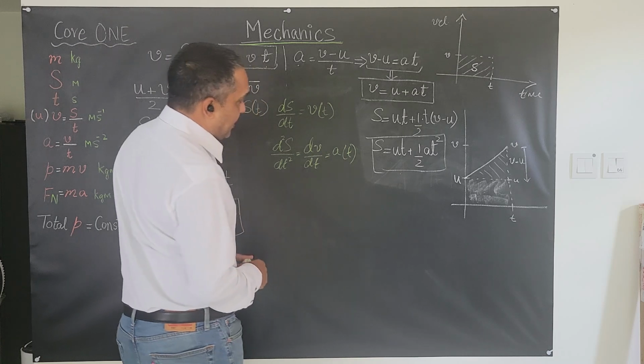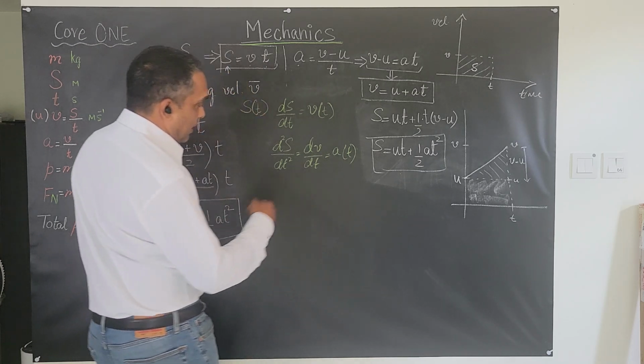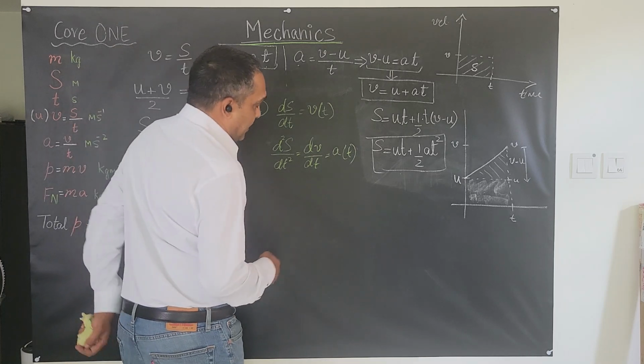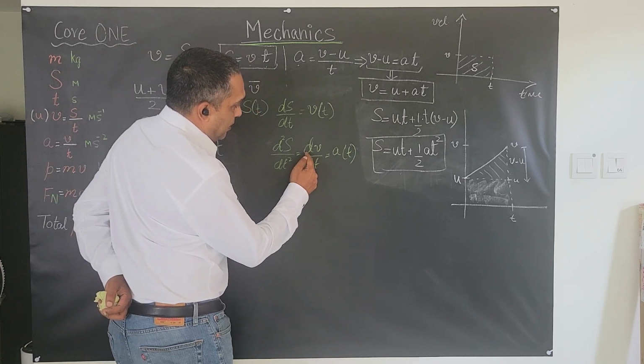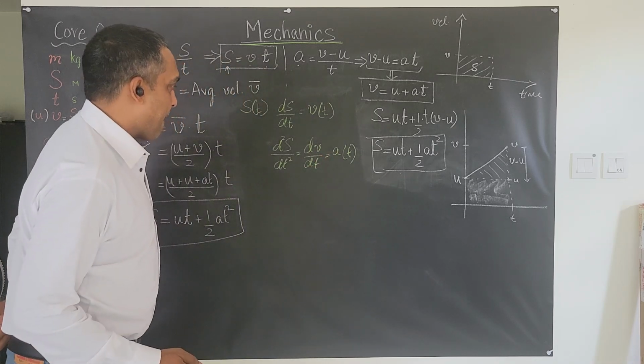So if acceleration is a constant, what do we need to compute the derivative of so that we get constant acceleration?